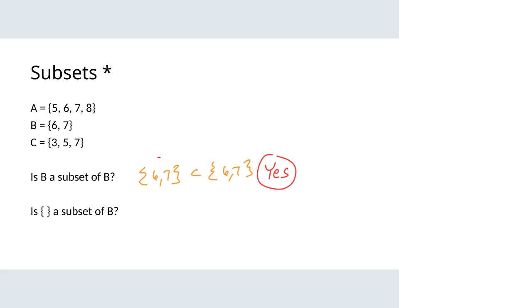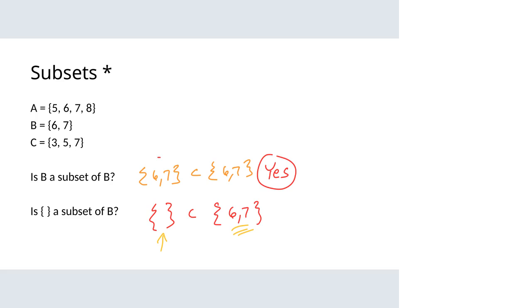The one on the bottom, is the empty set a subset of B? Oh, wait. Empty set doesn't have a 0 in it. Is the empty set a subset of B? Here again, is there anything that wrecks it? Is there anything in here that would prevent it from being a subset of B?